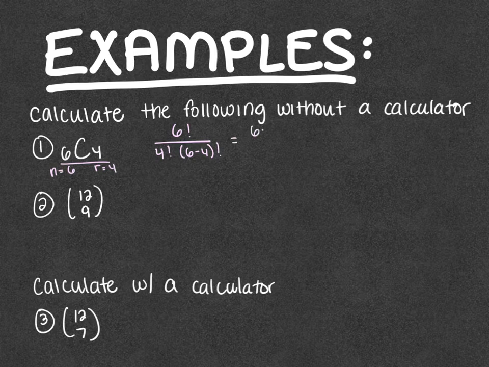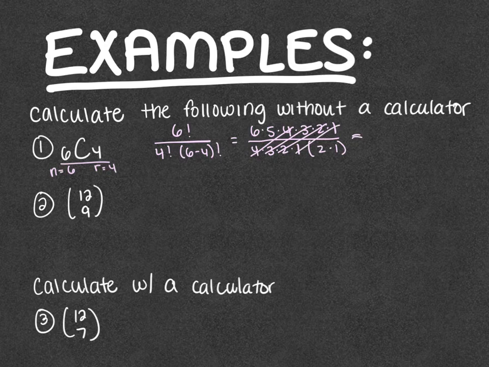If we expand that out, 6 times 5 times 4 times 3 times 2 times 1 over 4 times 3 times 2 times 1 times 6 minus 4, which is 2, so 2 times 1. I can cancel some of these out, and I end up with 30 over 2, which is 15.